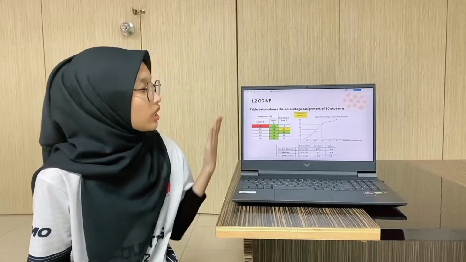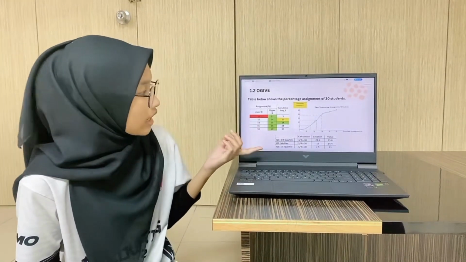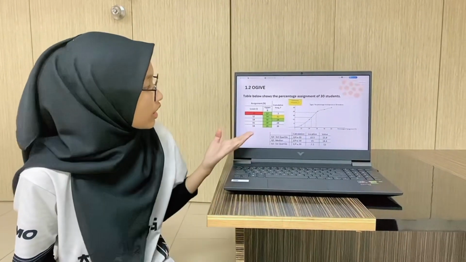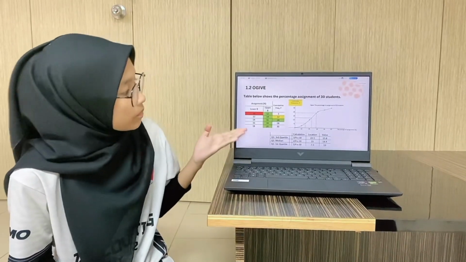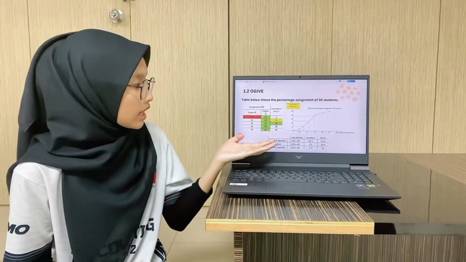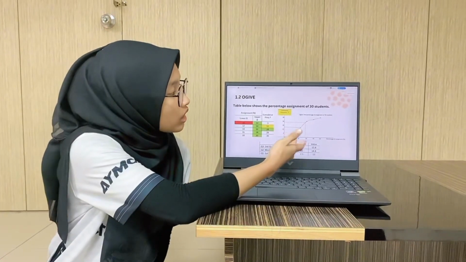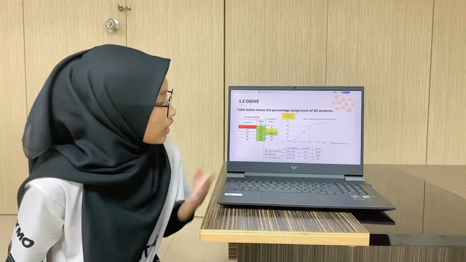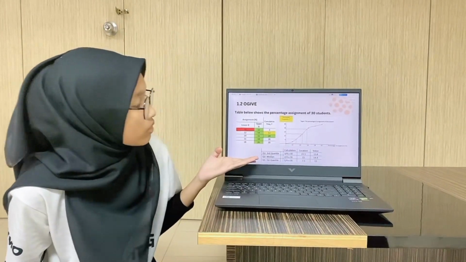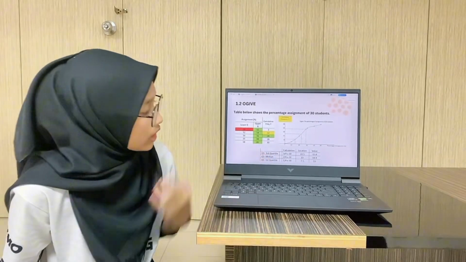Next, we give the table showing percentage like before. We got assignments and lower B, upper B, and also cumulative frequency, which is F. Then we move it into an ogive, and then we find our quartile 1, 2 and 3 with calculation.